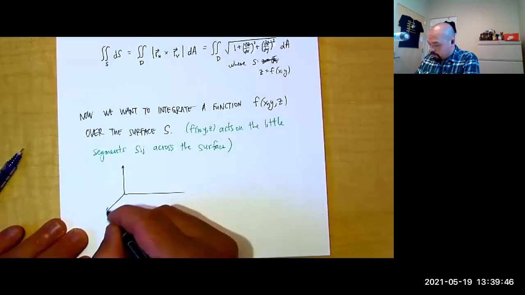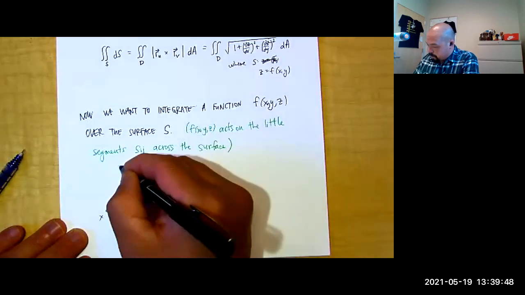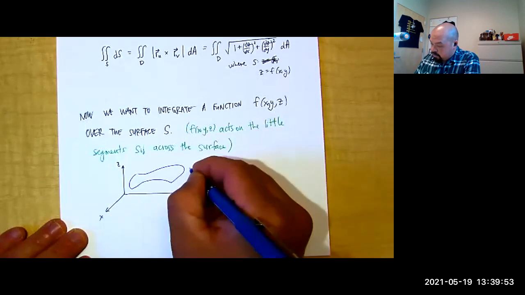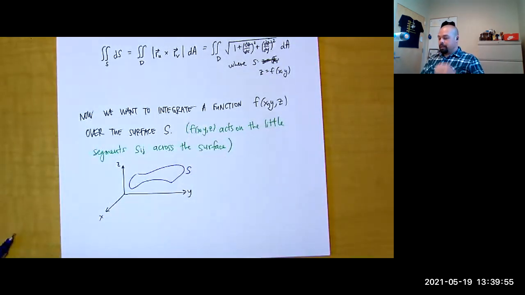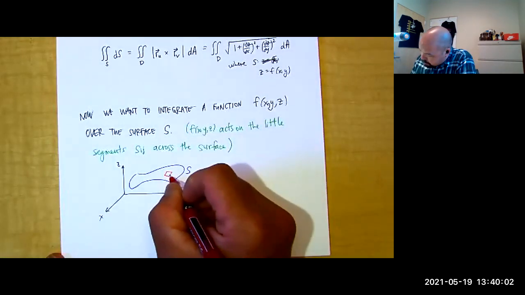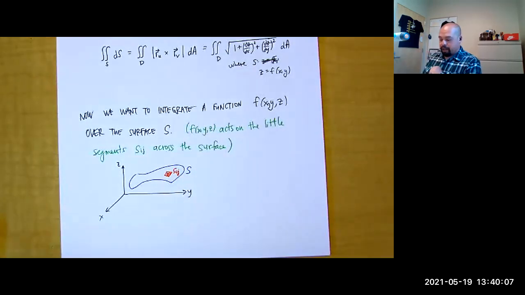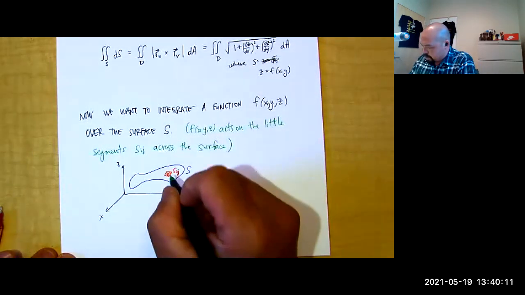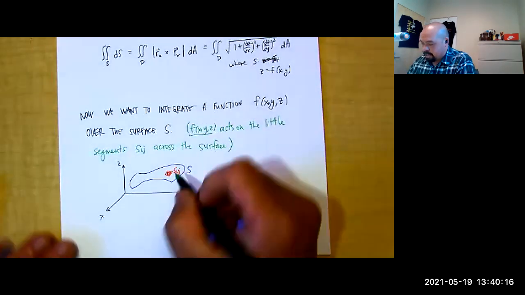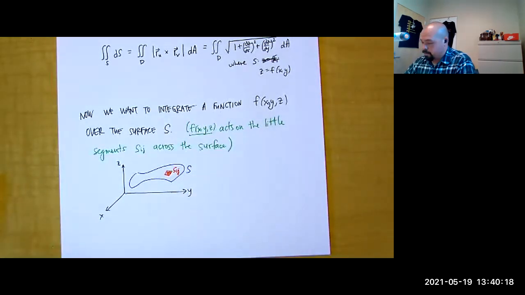here, shift this up. We might have our surface. It can be a closed surface later, okay? But for these little segments, these little blocks of surface area, we're going to let some function f of x, y, z act on that little square.